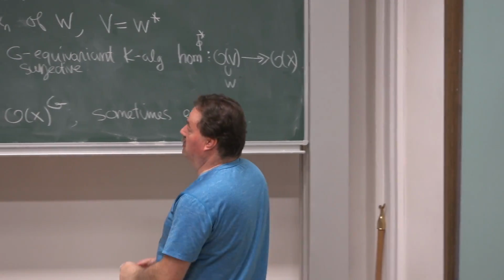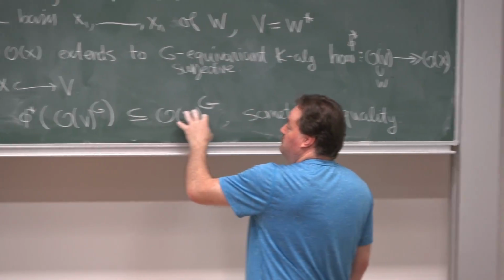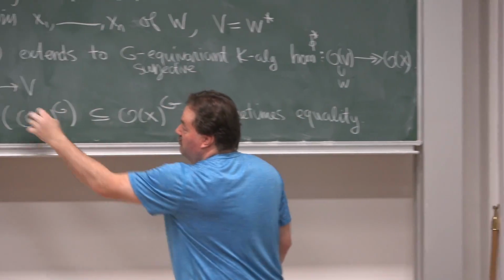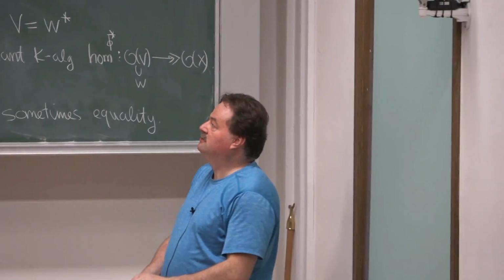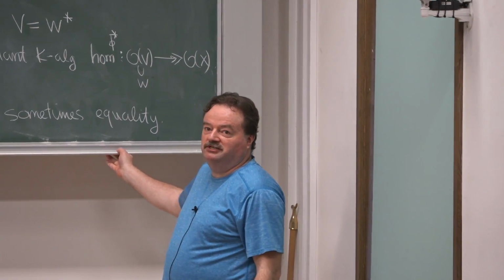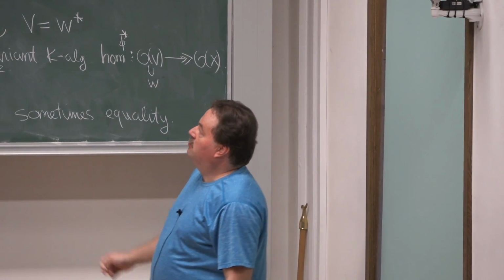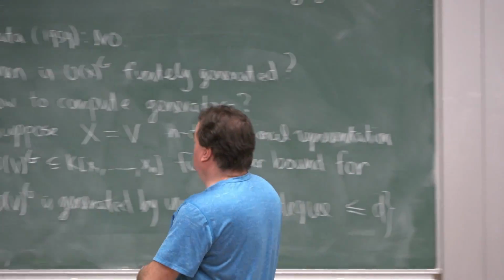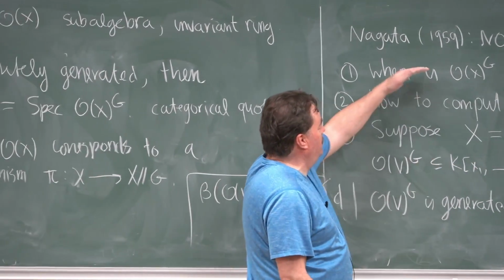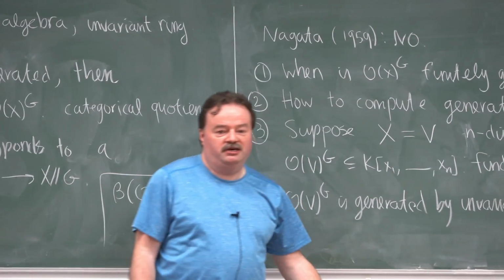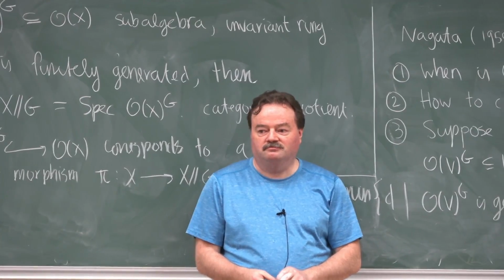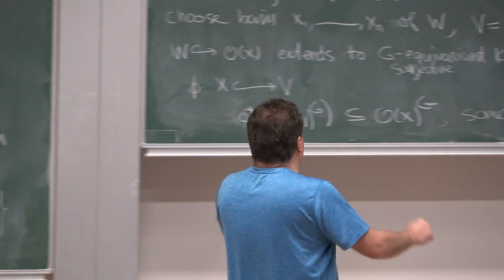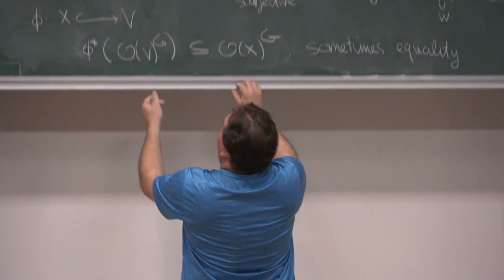Or if we don't have equality, then there may still be some nice relations between this and that. Maybe this is a finitely generated module over that, depending on the situation. But what this proposition allows us to do is basically reduce the general case to the case of a representation, at least in some situations.